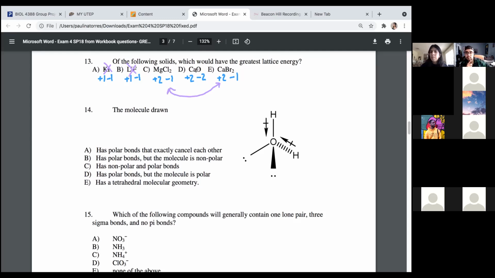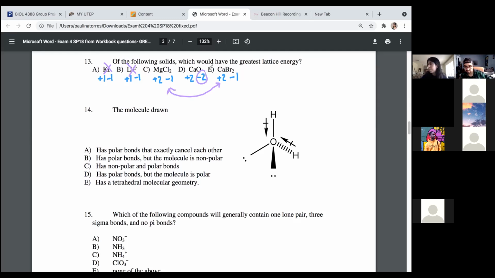And you can see that oxygen has that greater charge, right? It's also more electronegative than chlorine and bromine, right? It's closer to fluorine. So that means it's going to pull those electrons, it's going to have more affinity for electrons. So which one do you think would have the greatest lattice energy?